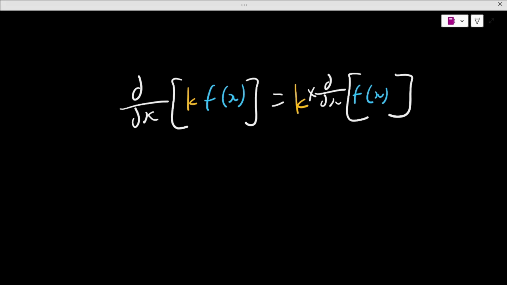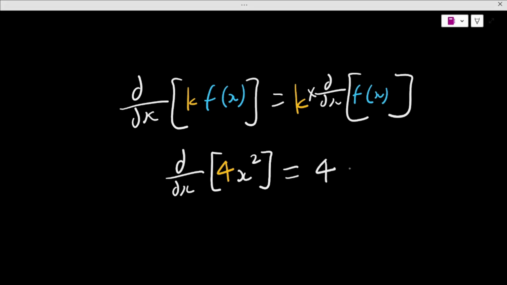Okay, this is a bit strange. What do I mean? If I have, let's say, the derivative with respect to x of 4x squared, this is the same as 4 times the derivative of x squared, because 4 is being multiplied to x squared, and 4 is a constant.